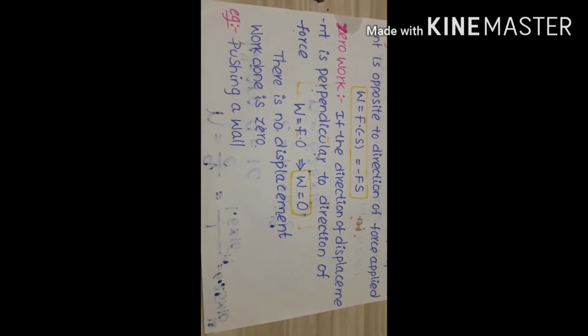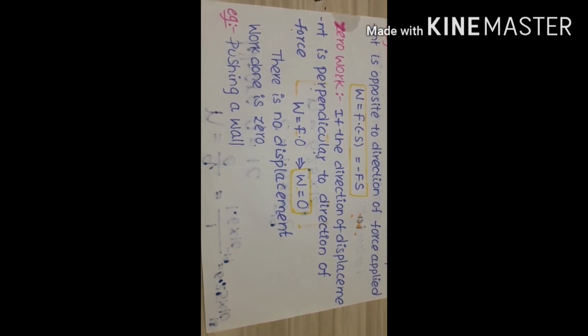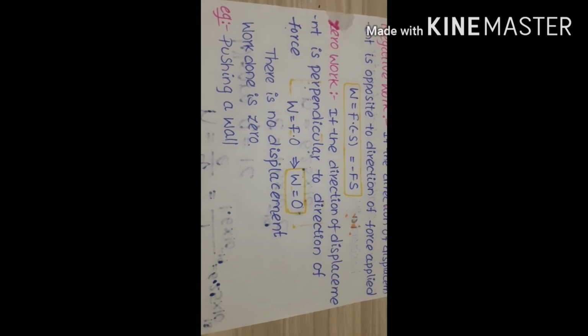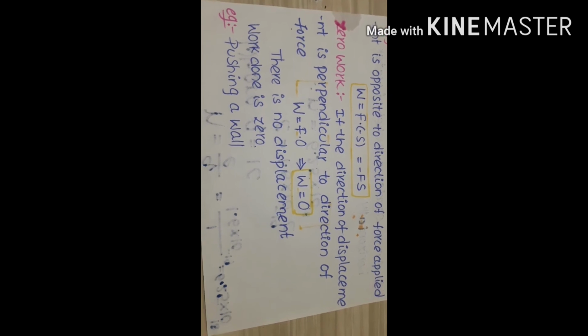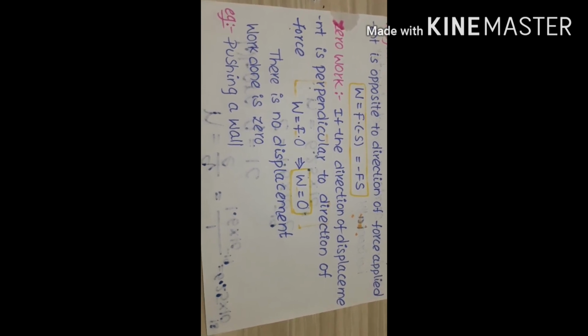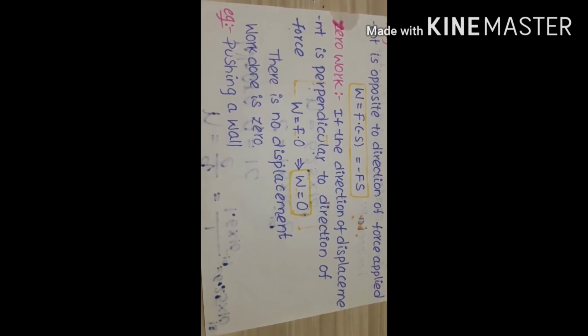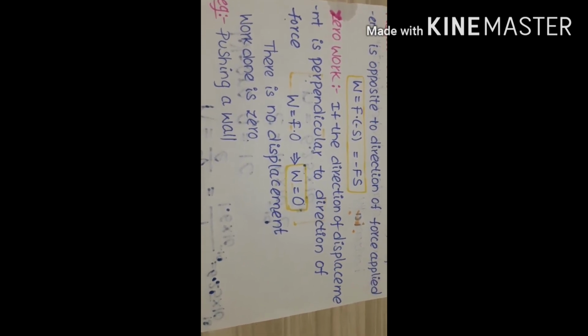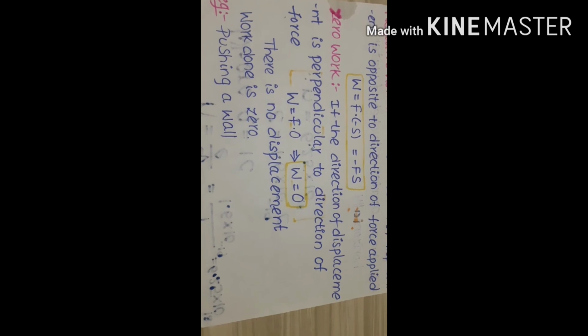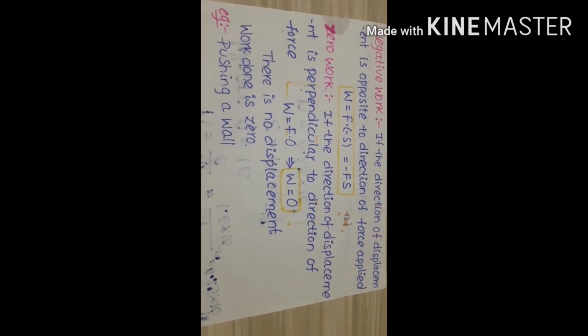So the displacement of the wall is 0, but force is applied on the wall. So W equal to F into displacement 0, so S is 0, F into 0, work is totally 0. This is called zero work. These are the types of work.